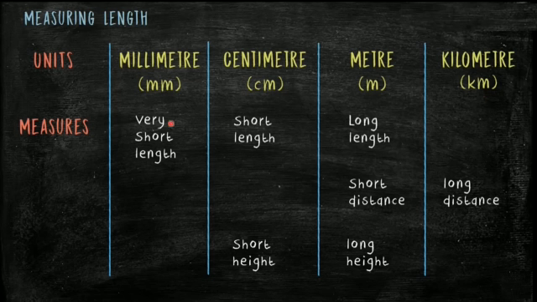Millimeter we use to measure very short length. Centimeter we use for short length and short height. Meter we use for long length, short distance and long height. Kilometer we use for long distance.